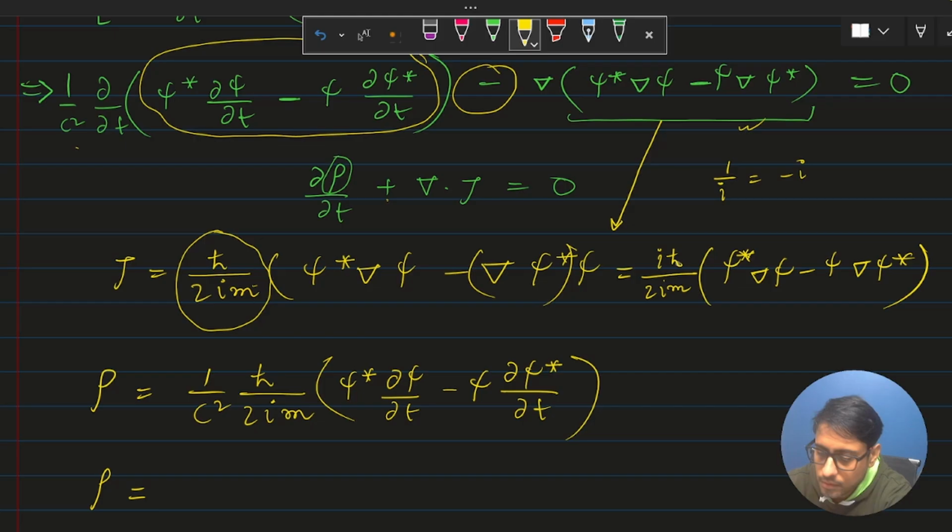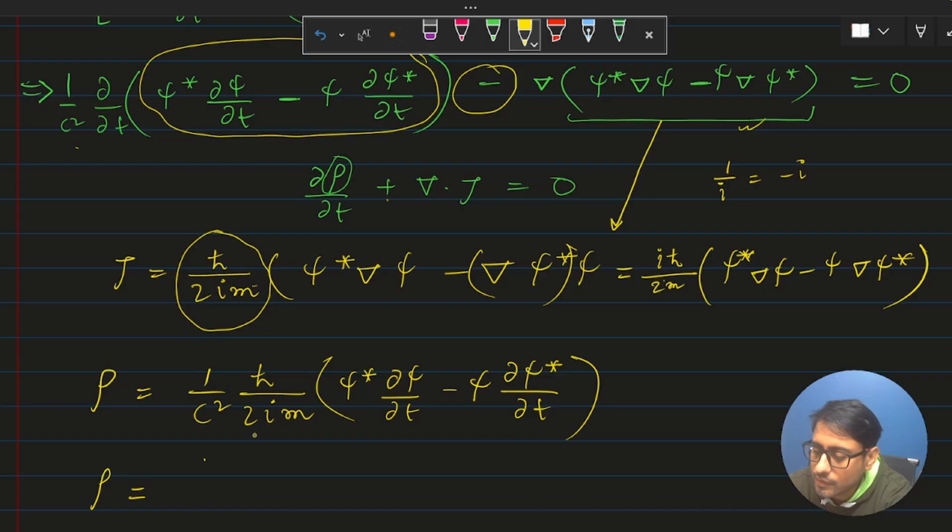Now this iota should be removed, and I should write it as 2m. So this is the j, and the rho will be written as, now because we have taken out a negative, it will be better if we take out the negative sign also from common.